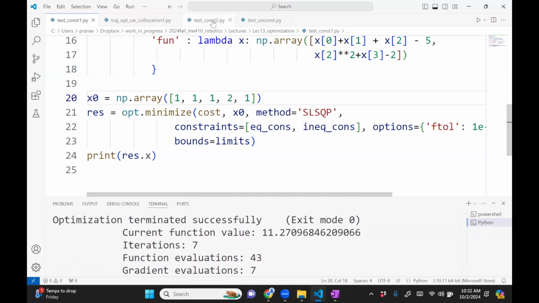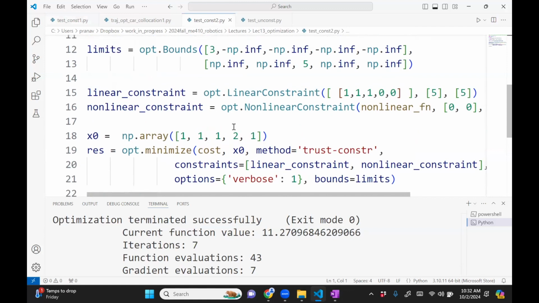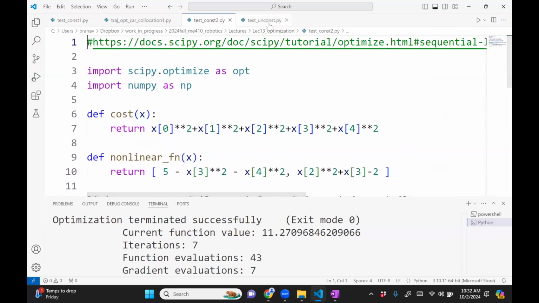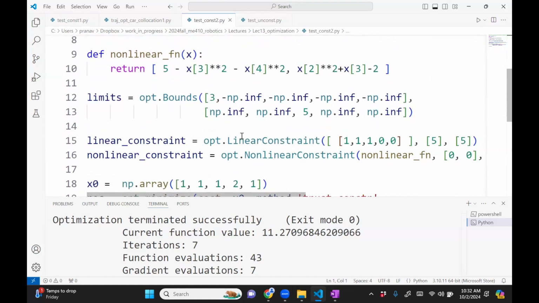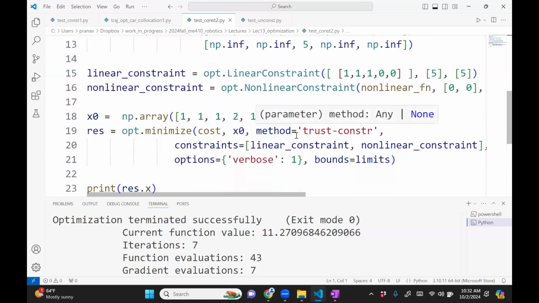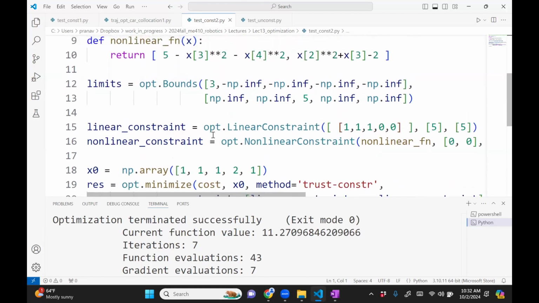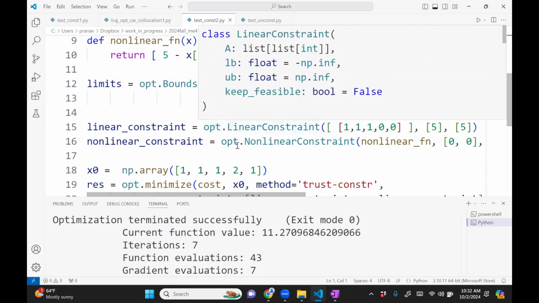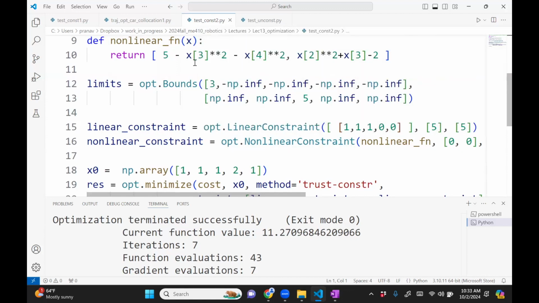Now, I did this another way. I used a method called trust-constr. That one also has documentation. But here you specify constraints, nonlinear constraints, and bounds, just like the previous one. Here you specify like this, opt.LinearConstraint, opt.NonlinearConstraint, just a different way of specifying it.